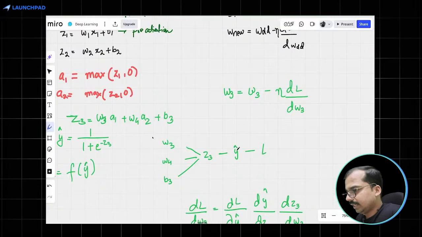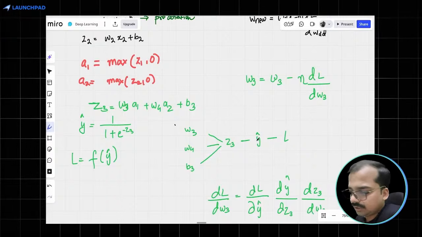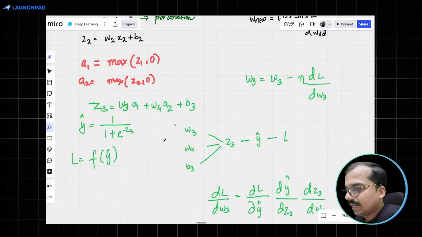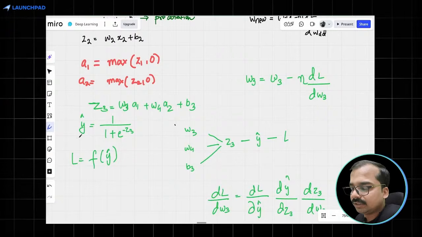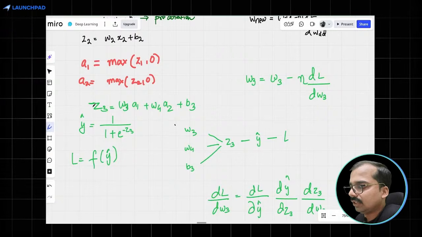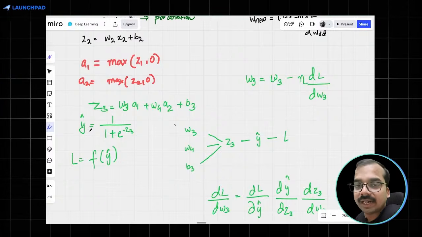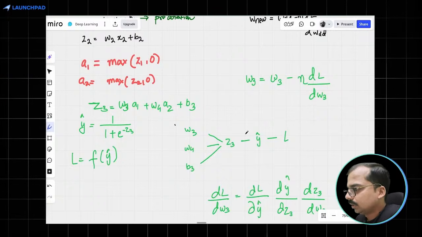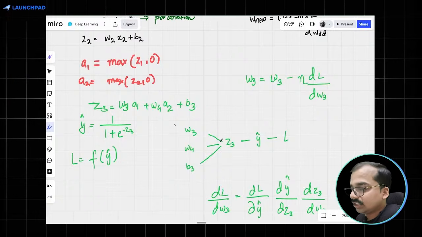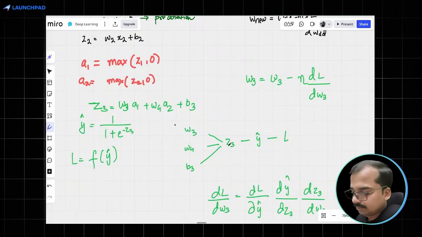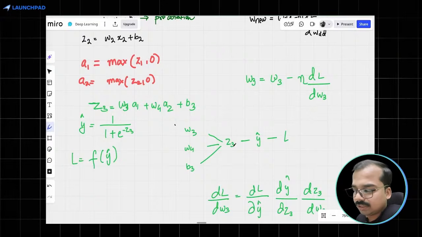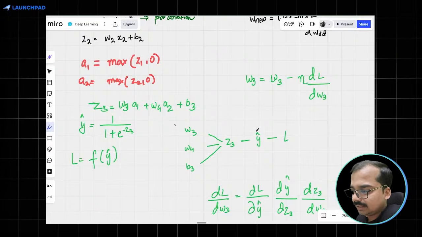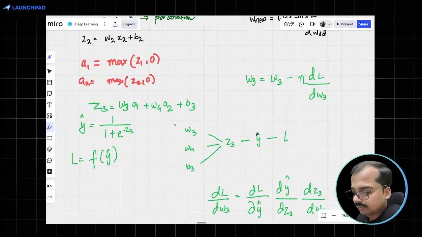Y hat is dependent on Z3 only. After we get the value of Z3, then only we can get the y hat value. If I change the value of this variable Z3, I can change the value of my y hat.